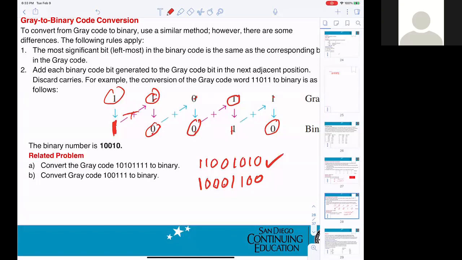No, I'm just saying you're doing A. You just did the gray number to the answer and not to the question. The question was 1010111. Then the answer will give you 11001010, which is the answer. And then you just did the gray number to the answer.